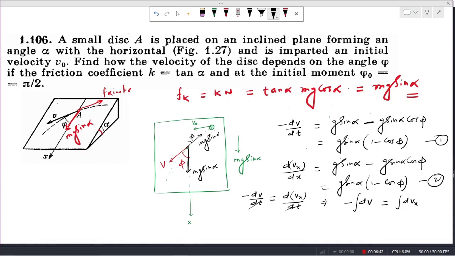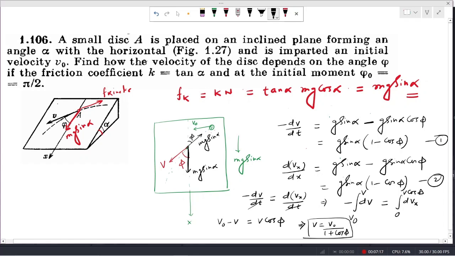The limit for v: the initial speed was v naught, and after a certain time it becomes v. The x component initially was 0, and at the shown instant it is v cos phi. Substituting the limits, we get v naught minus v is equal to v cos phi. This gives us v equal to v naught divided by 1 plus cos phi.